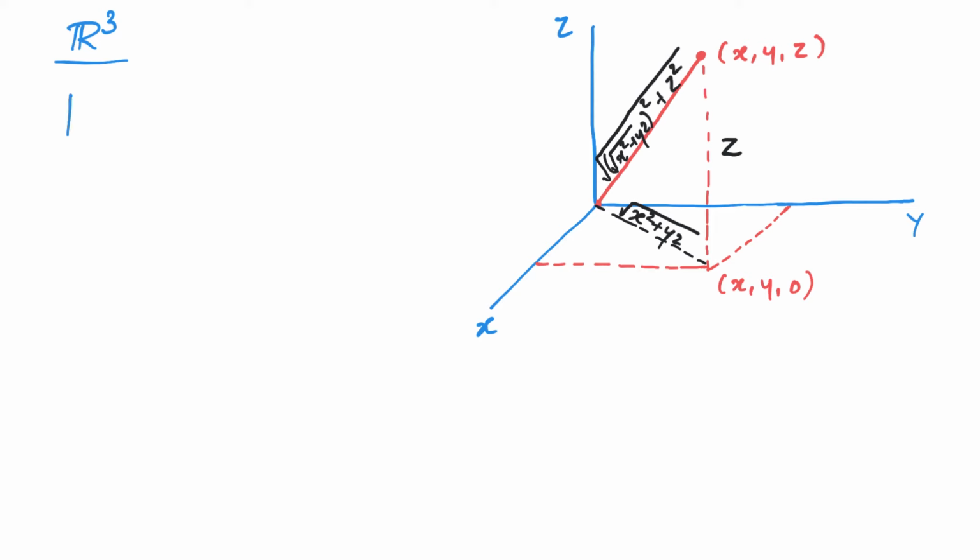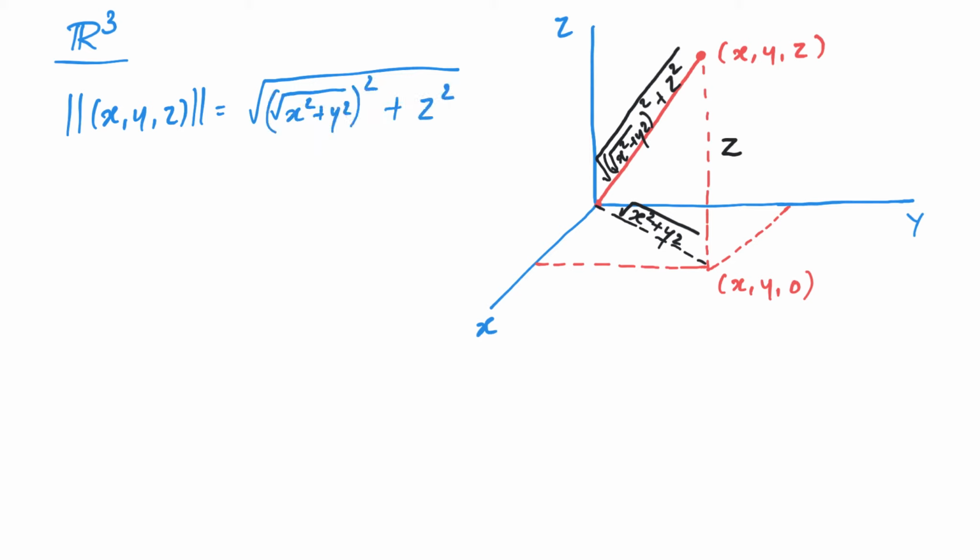In other words, the length of the vector x comma y comma z is equal to square root of x square plus y square the whole square plus z square, which is equal to square root of x square plus y square plus z square. Also, this gives us an idea of how to define norm on Rn.